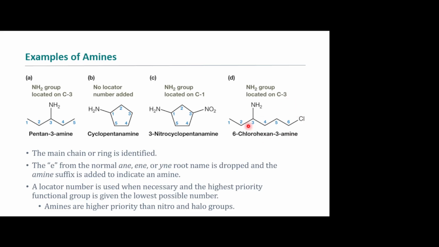Okay. Notice here this ends up with a 6 because again we have to give our lowest numbering to the functional group. Because the highest priority has to be the lowest number. So that one has to come first in the numbering, even though functional groups always have priority over substituents.